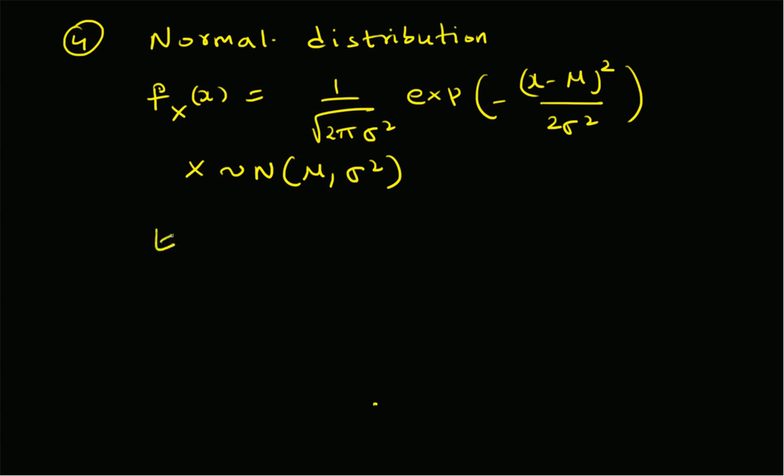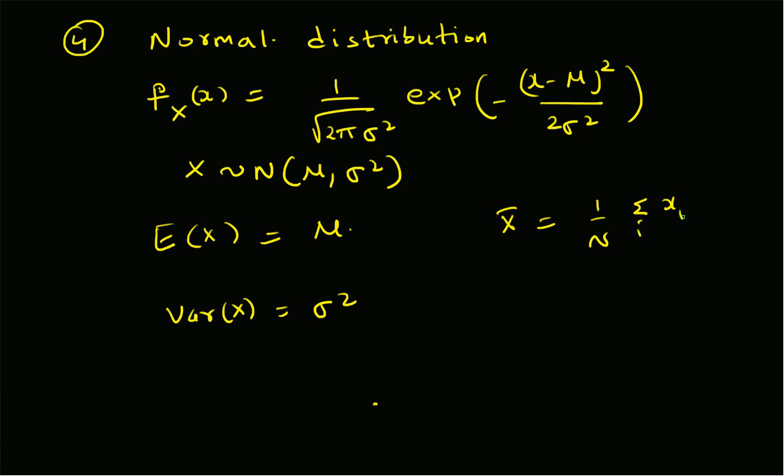So in theory the mean value is given by the parameter mu itself, and the variance of x is given by sigma square. Then from samples, that is from observations, the sample mean is given by the arithmetic average, and the sample variance is given by 1 by n summation over i of (x_i minus x bar) whole squared.